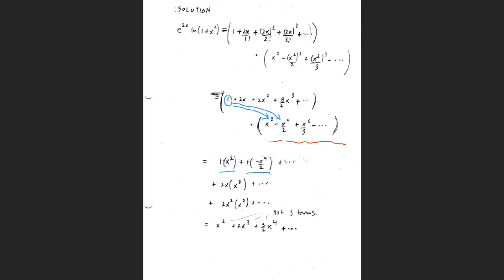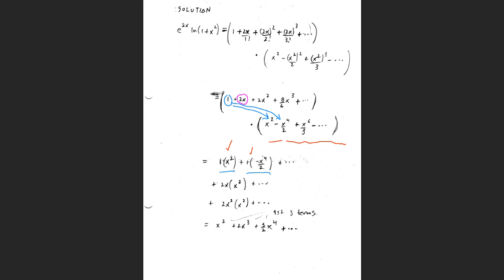But I only want the first three non-zero terms of the Maclaurin series. So I'm only going to do these two multiplications using the 1. But the next term in the top series is the 2x. Yeah, that's right, Yonatan. It's like you're taking the smallest term from the one series and multiplying the other series.